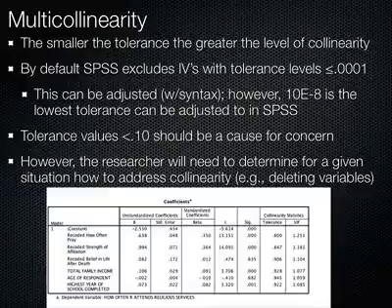Tolerance values less than 0.1 should be a cause for concern, or at least take a look at. And the inverse of 0.1 would be 10, right? And so variance inflation factors greater than 10 should be a cause for concern.